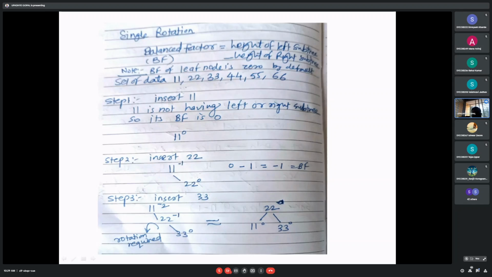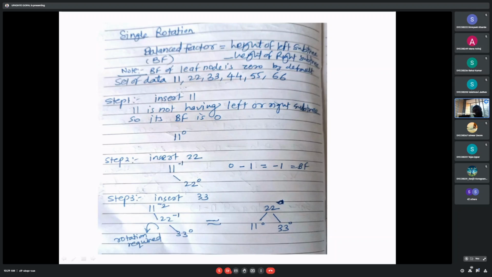This is the formula for finding the balance factor. Just keep in mind that one important parameter is required for understanding the concept of the AVL tree, and that is the balance factor, given by the formula: balance factor equals height of left subtree minus height of right subtree. In other words, this can be called BF.